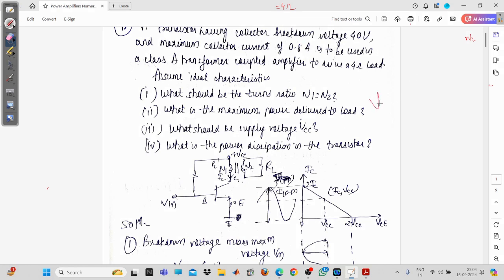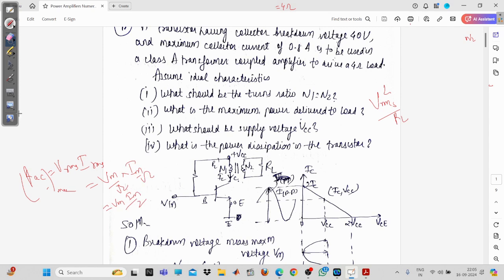This is VRMS square upon RL. See, there are three ways I can write it. PAC will be equal to VRMS into IRMS. In that case, it will be Vm upon root 2 into Im upon root 2. So Vm Im upon 2.